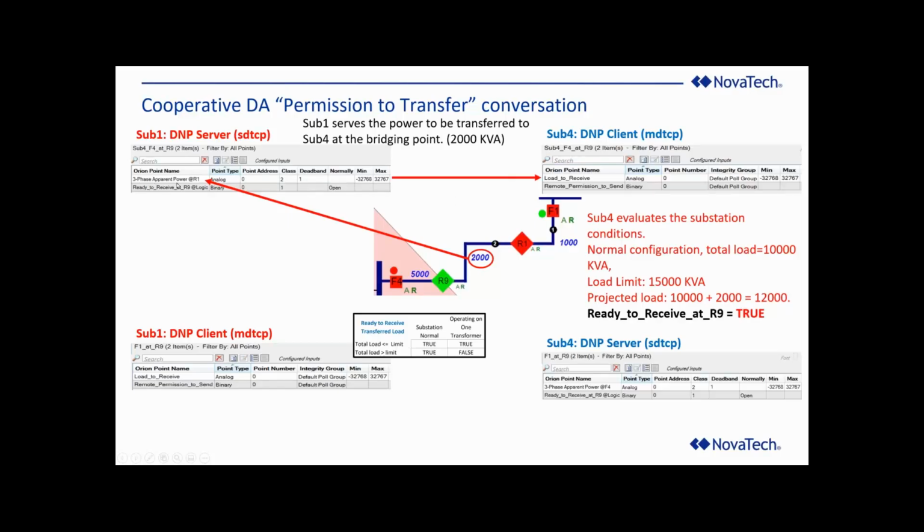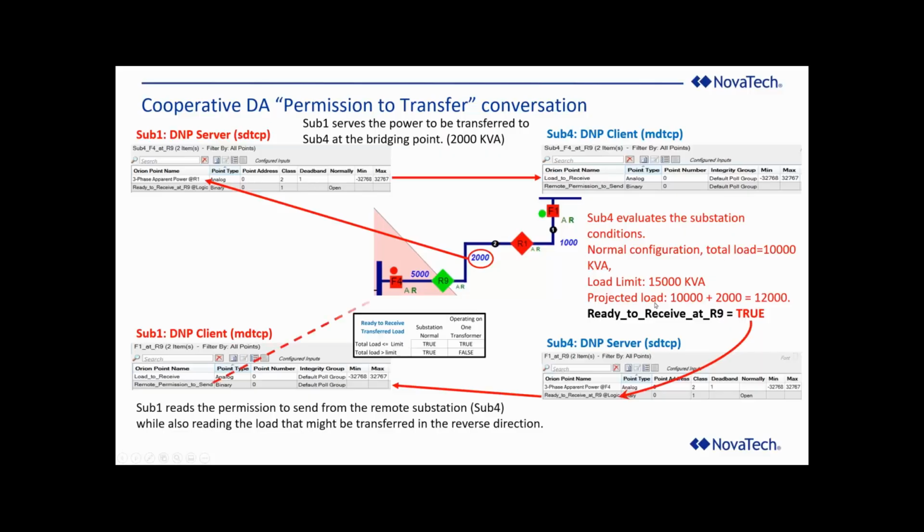So this is the load that I'm going to send. It's received over here as load to receive, and then substation 4 evaluates that and says, I can handle that load, ready to receive. It puts its message of ready to receive out on the return message on its slave port that goes back and is read at substation 1.